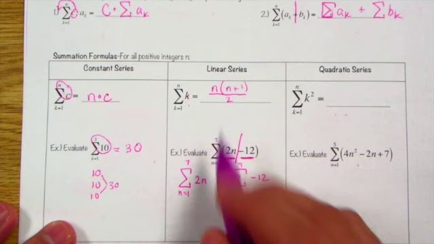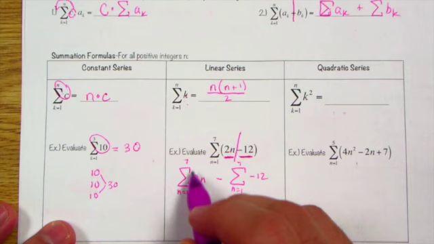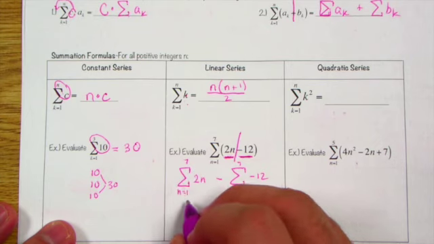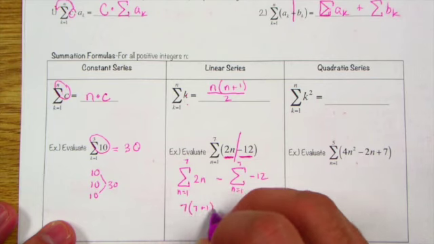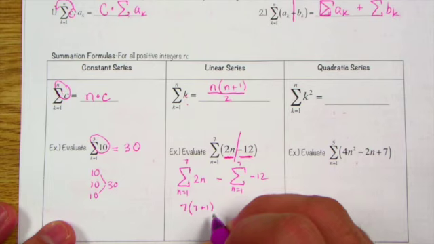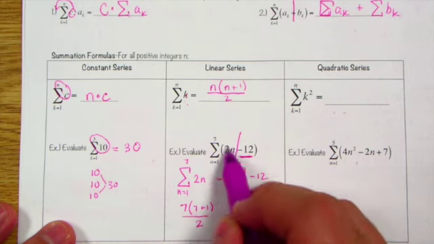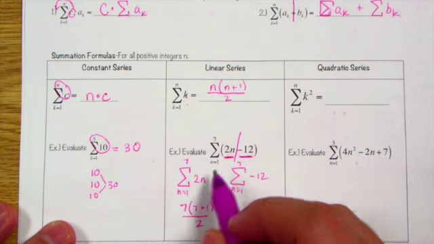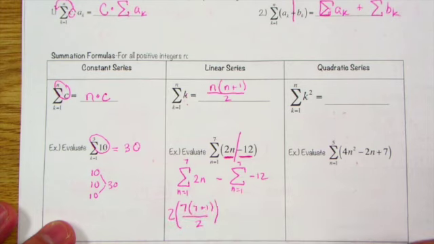So let's start with the linear one. The linear one states that it is n. Remember, n is the number that's on top. So 7 times 7 plus 1 over 2. And then that 2 that's in front, remember, on the outside, the entire thing is just multiplied by 2.